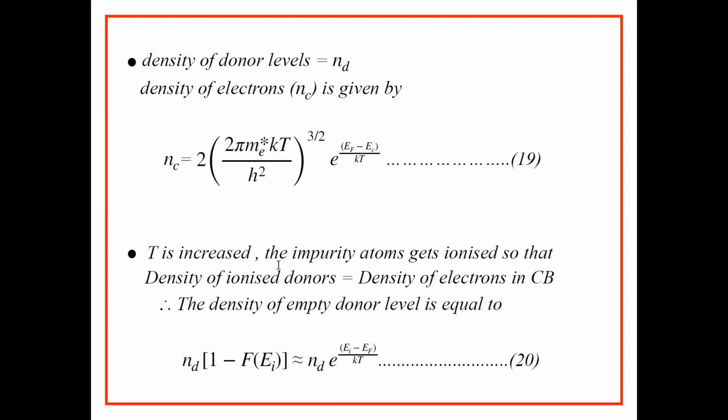If T is increased, the impurity atoms get ionized, so that the density of ionized donors is equal to the density of electrons in the conduction band. Therefore, the density of empty donor level is equal to ND times (1 minus f(EI)), which is nearly equal to ND e to the power (EI minus EF) upon kT. This is equation number 20.